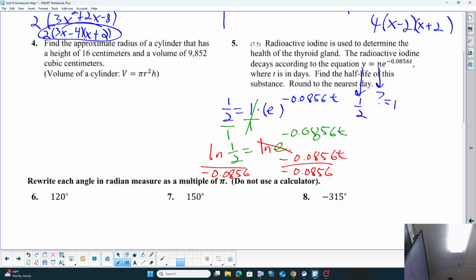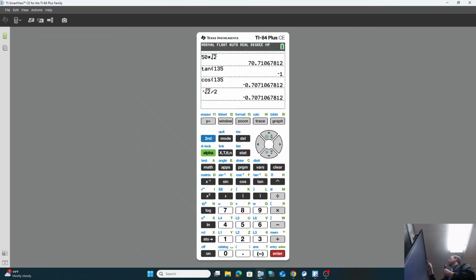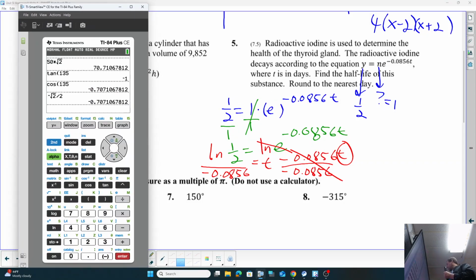Okay, beautiful. So that's going to give us what t equals. So you plug it into your calculator now. We're going to go parenthesis ln of 1/2, divided by negative 0.0856 is what we're dividing it by.